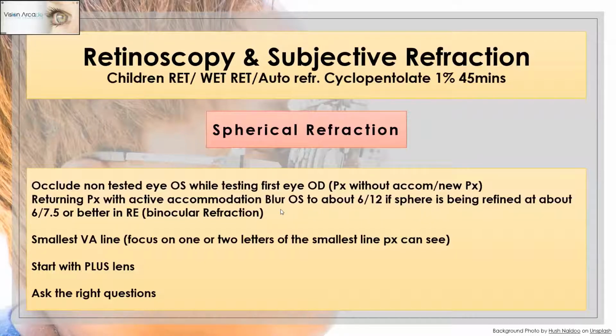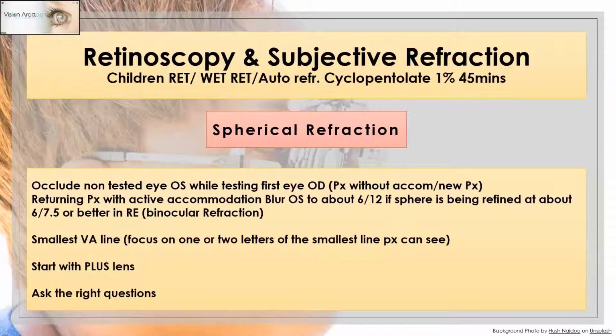In doing a binocular refraction, when I'm testing the right eye, I blur the vision of the left eye to about 6/12. That means I've completed my balancing and all of that on the right eye. And I swap: when I'm done with the right eye, I test the left eye with the right eye blurred to about 6/12.